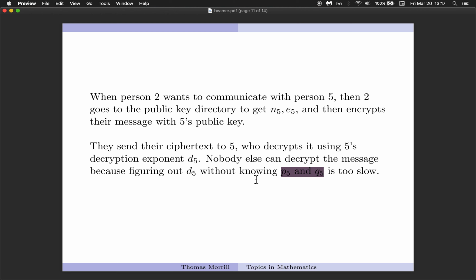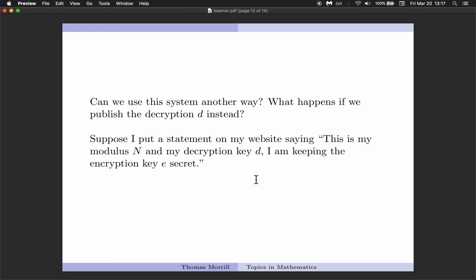Now, that's not the only use of the RSA system or any public key encryption. Could we instead use it a different way? Now, the whole business says we need to calculate some capital N and keep its factorization a secret so that we can play these games with the exponents.